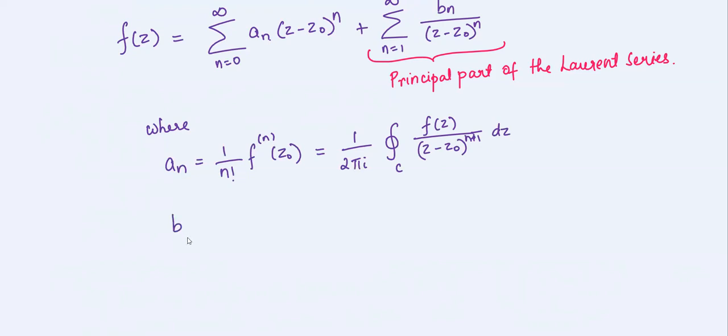Now b n will be similarly defined, but how b n is defined is slightly different. It is 1 by 2 pi i, just like the Taylor series, the integral over a closed path of z minus z naught to the power n minus 1 times f of z dz.